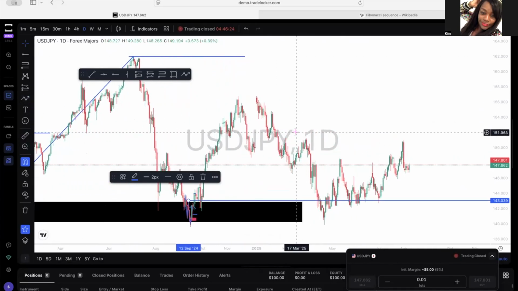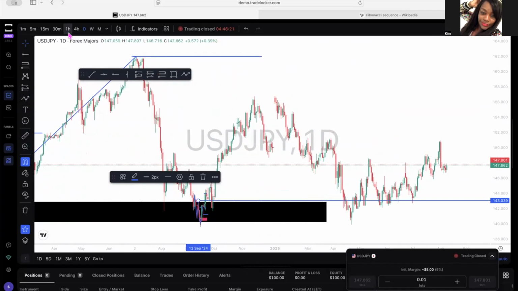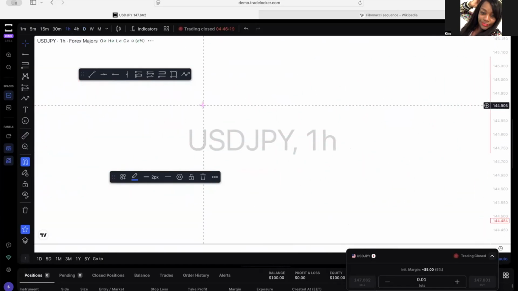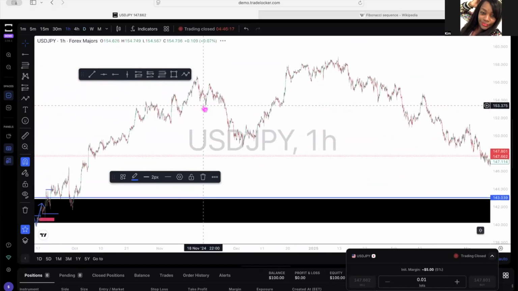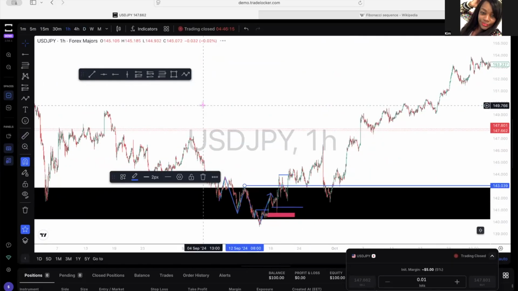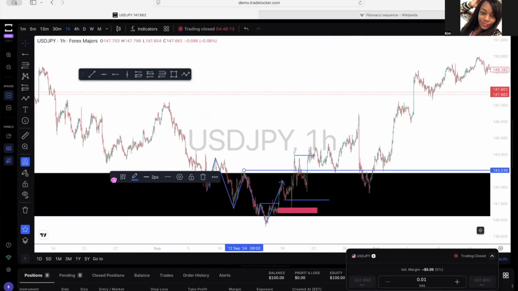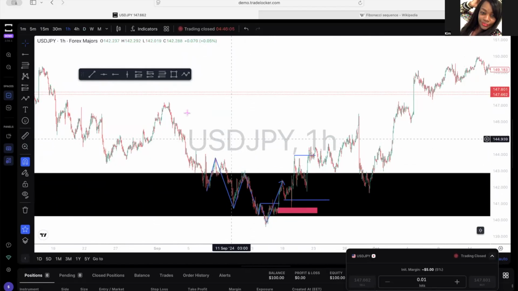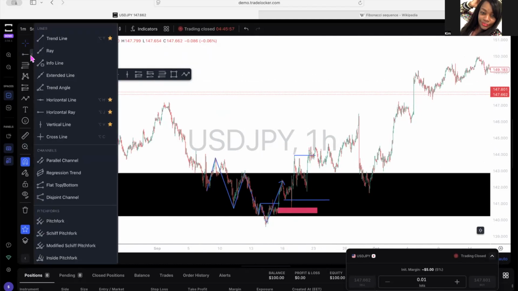So with that being said, let's go back to the 1 hour. All right, let me remove some of this stuff. Now these are all my favorites: my crosshair, my trend line, my horizontal line, horizontal ray, vertical line.